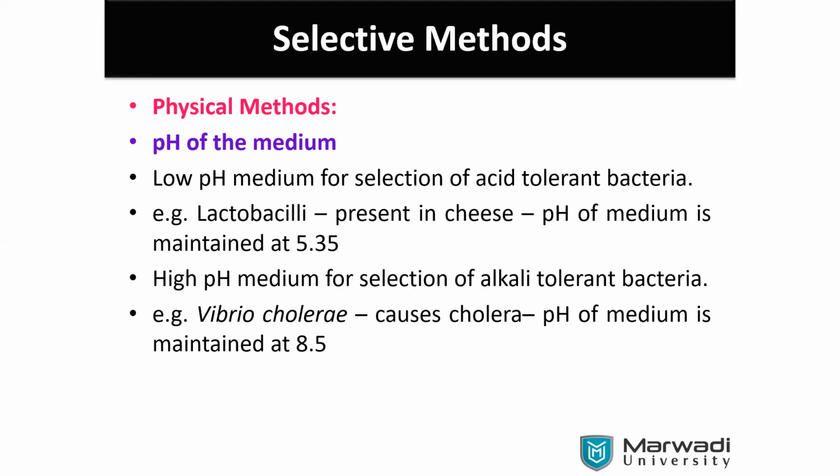So we may go for alkaline conditions to be developed. Some are medium pH, like Vibrio cholerae. What does Vibrio cholerae cause? Cholera, right? That causes cholera. Then we may go for their isolation in slightly alkaline condition. Not basic also, we grow them in slightly alkaline conditions.